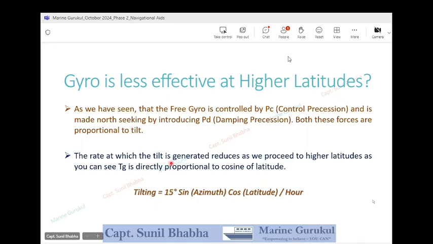If tilt is not generated, PC and PD will not be generated. And if PC and PD do not exist, the gyro cannot become a north seeking damped gyro compass.